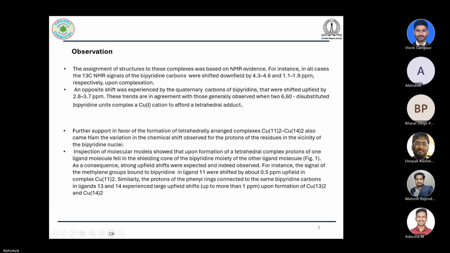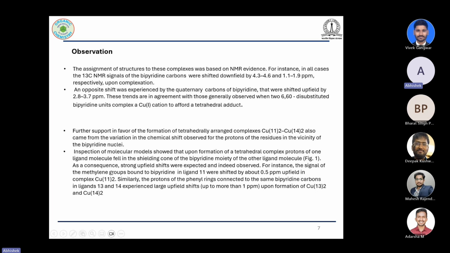Further support in favor of the formation of tetrahedrally arranged complexes copper 11 to copper 14 also comes from the variation in the chemical shift observed for the protons of the residues in the vicinity of the bipyridine nuclei. Inspection of the molecular models showed that upon formation of a tetrahedral complex, protons of one ligand molecule fell in the shielding cone of the bipyridine moiety of the other ligand molecule.